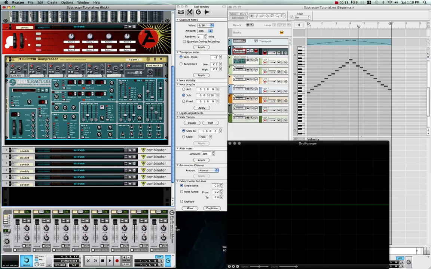Now, the way phase works is, when the phase is turned on, the waveform that's selected in the oscillator, let's say it's a triangle wave, is duplicated. So now you have two triangle waves. If it was a sawtooth, it would duplicate it and you have two sawtooths.